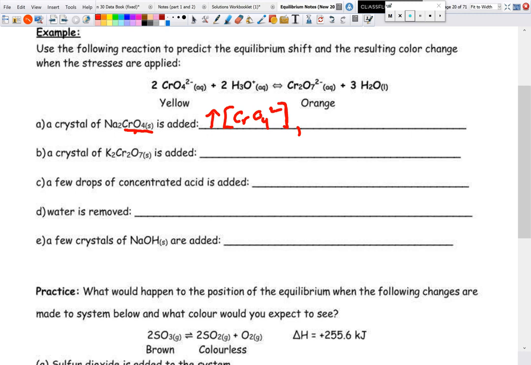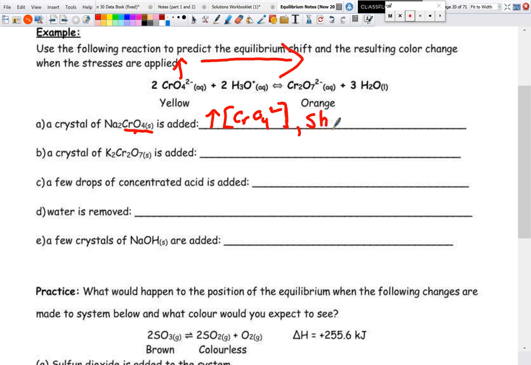Now, from Le Chatelier's principle, back to the first one, it says that if we increase the concentration of one of the reactants, the equilibrium will shift in the opposite direction. So that means if we're increasing chromate here, it's going to shift in the opposite direction.